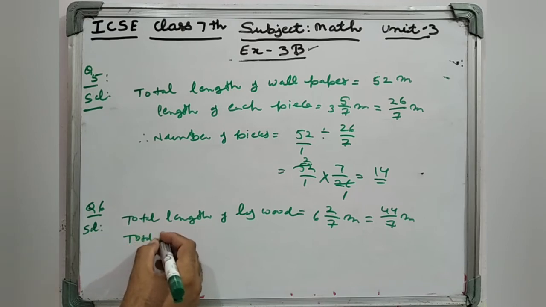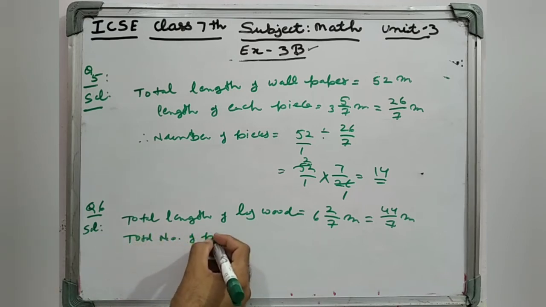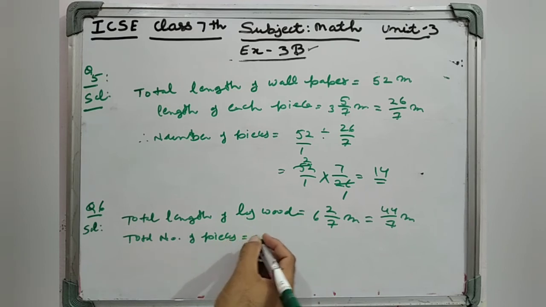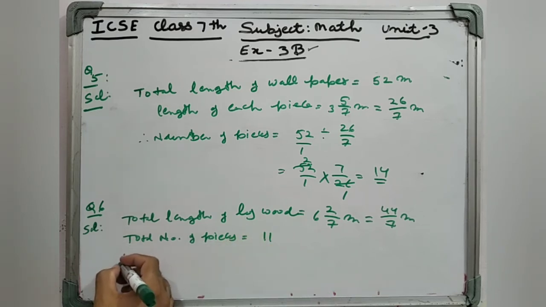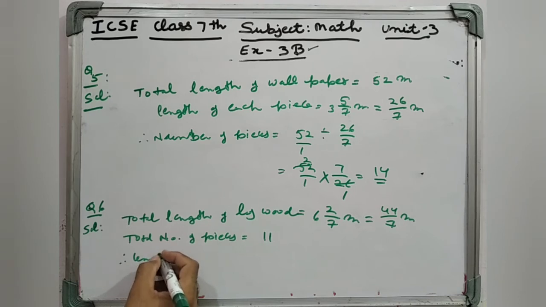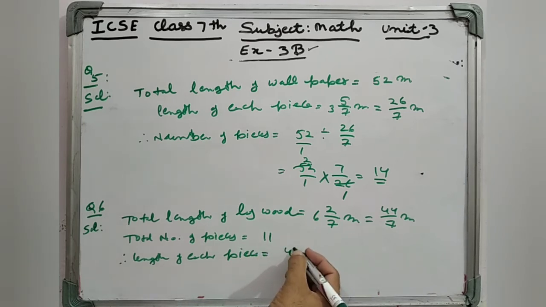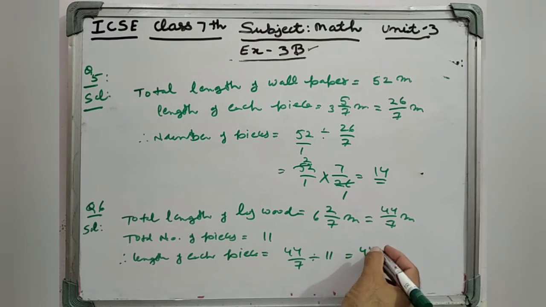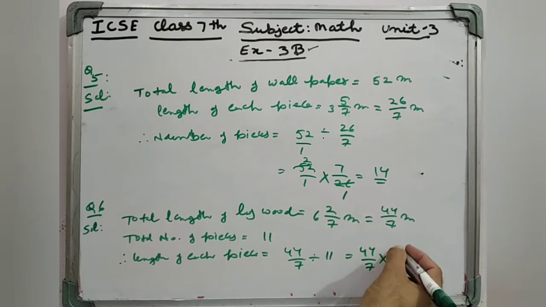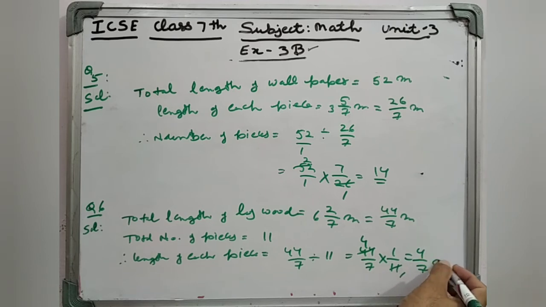Total number of pieces is 11. Okay, therefore the length of each piece means 44 by 7, the total length, divided by 11, that means 44 by 7 multiplied by 1 upon 11, the reciprocal. 11 ones are 11, 11 fours are 44 by 7 meter.